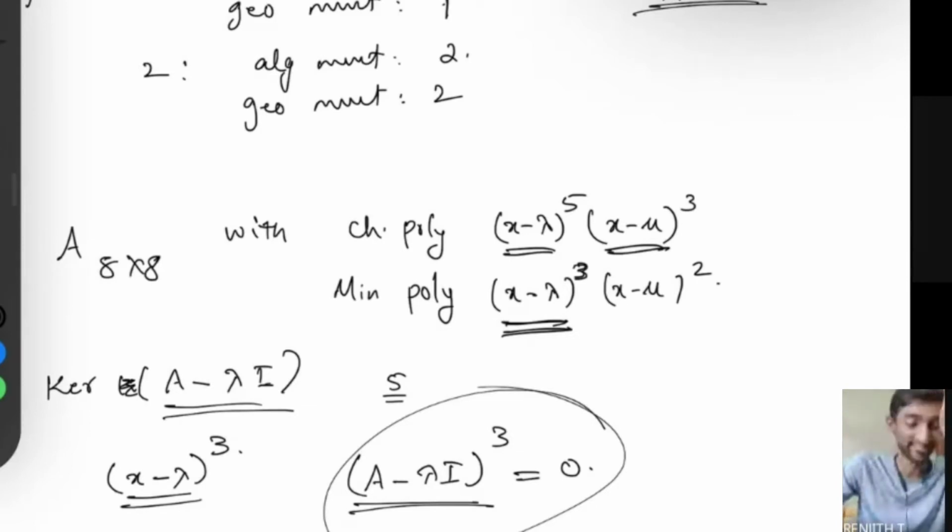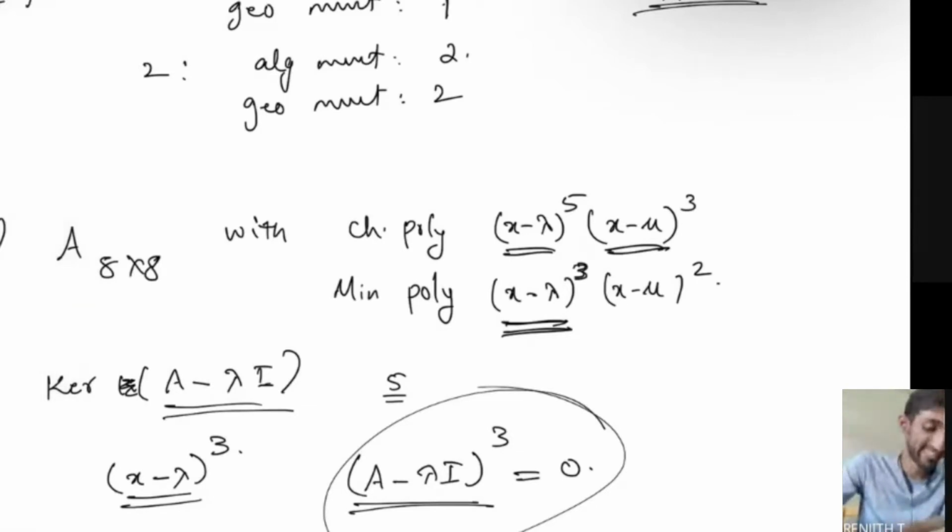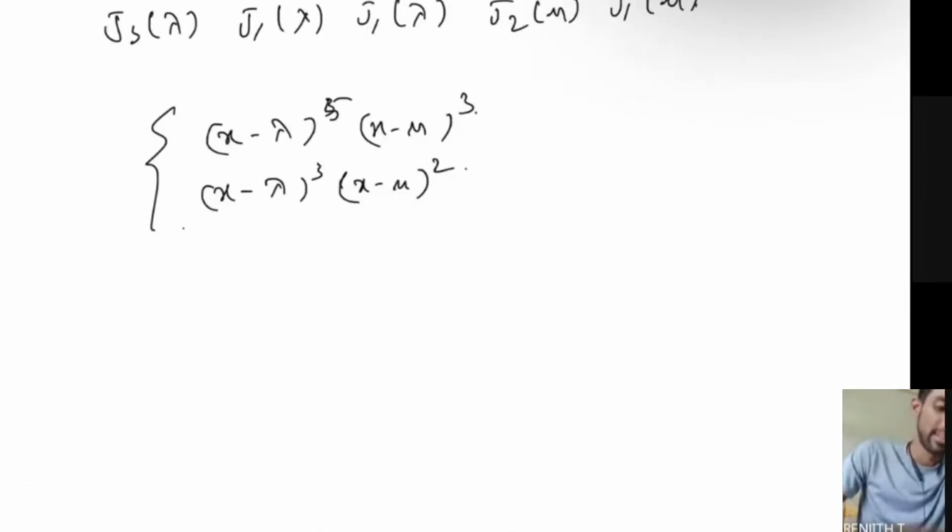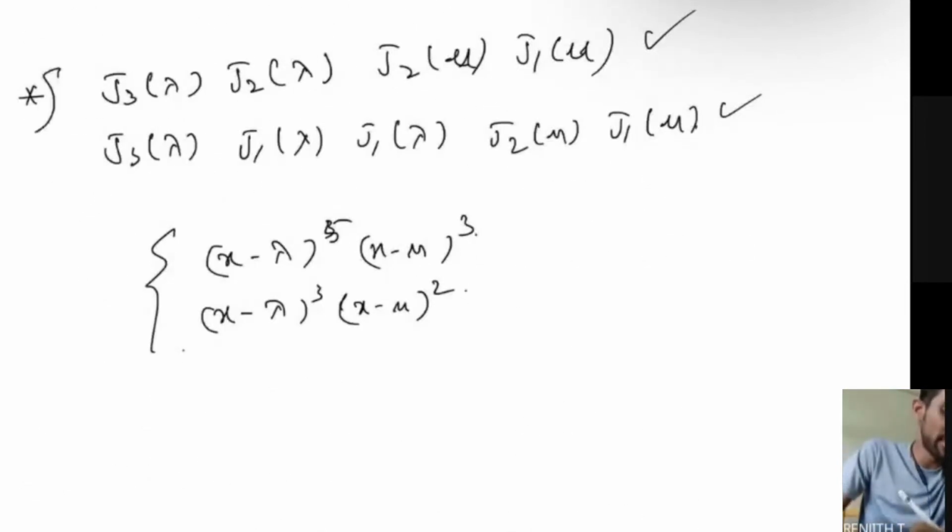Now it is fine, right? While writing the question, I just wrote, start with 6 by 6, and then changed the exponents. That's what happened. I hope there is no confusion in this, right? Fine?